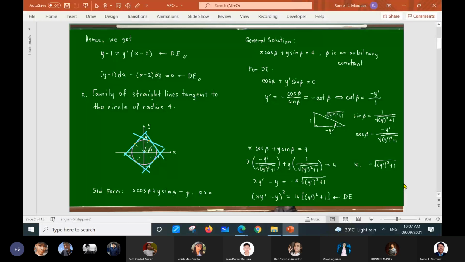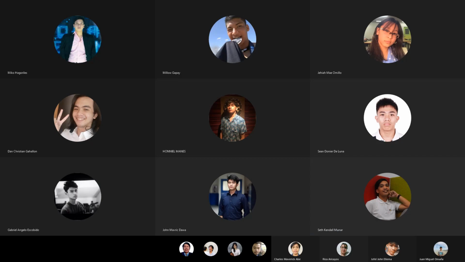Number 3, family of circles centered at the origin and with radius.